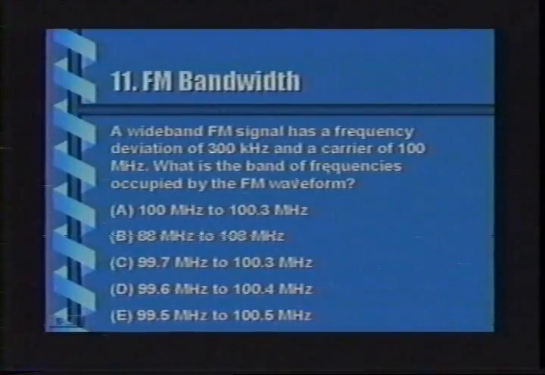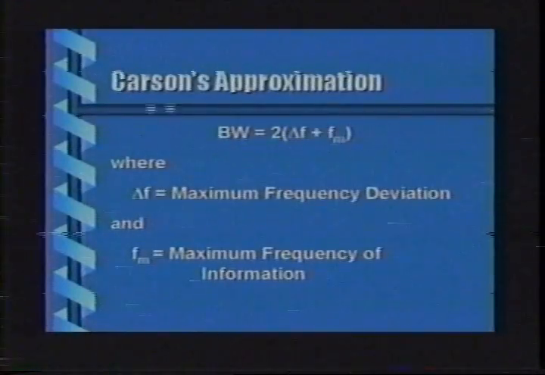Because the carrier is 100 megahertz, it's a good idea to scan these answers to make sure they all have a center at 100 megahertz. You can reject any of them that don't. For example, this first one is not centered at 100 megahertz. Bandwidth is approximately given by twice the sum of 2 quantities. This is known as Carson's approximation.